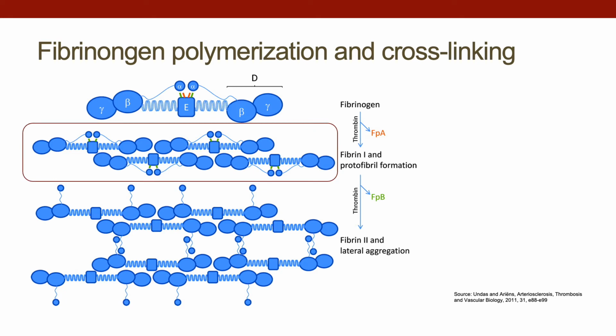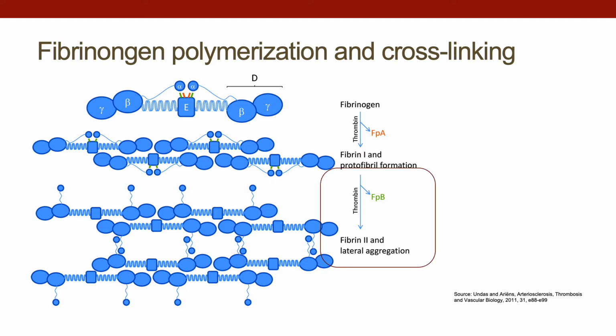And that allows the ends of the rods to associate with the middles of other rods, as shown here. Once that FPA is removed, that association can start to happen, and so the rods line up and form these linear structures that are called protofibrils. And thrombin also clips fibrinopeptide B from the N-terminus of the beta subunits, making fibrin 2.